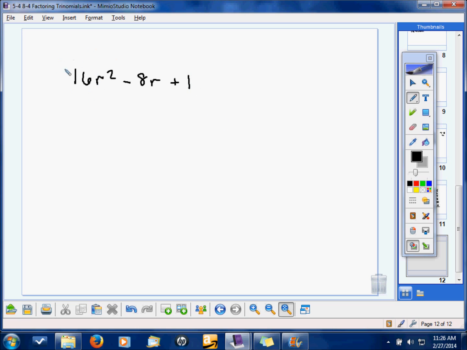Okay, so the first term there's nothing that goes into all of them, so we multiply what and what? 16 and 1, so we get 16. We're going to factor 16. Alright, so let's try. Now, are we going to do the positives and negatives? Negatives, so let's try negative 1 times how much? Negative 16. Okay, so that's negative 17.